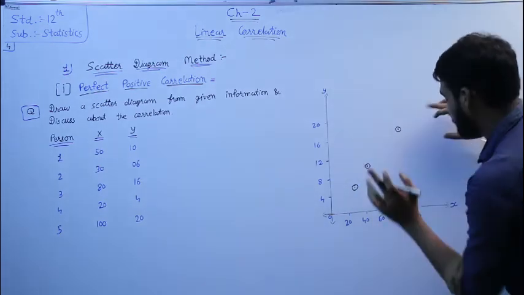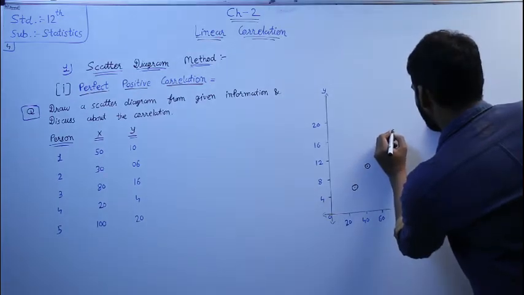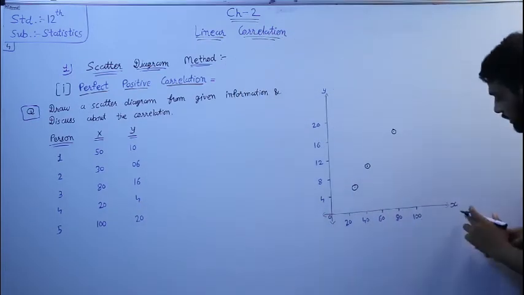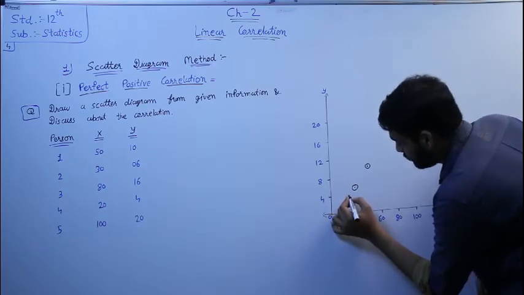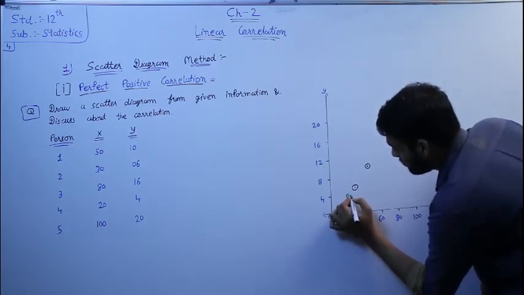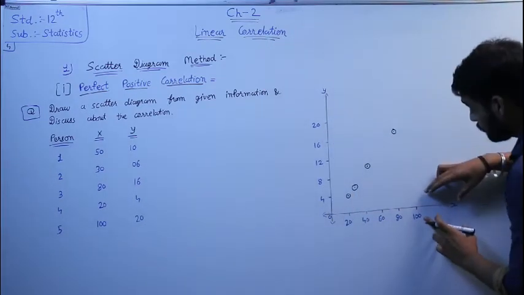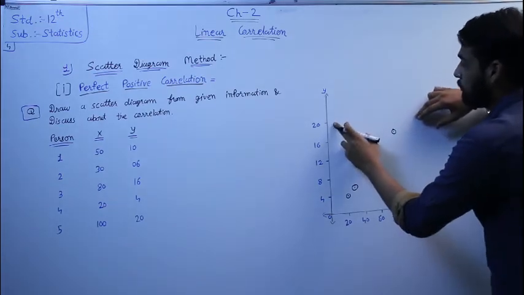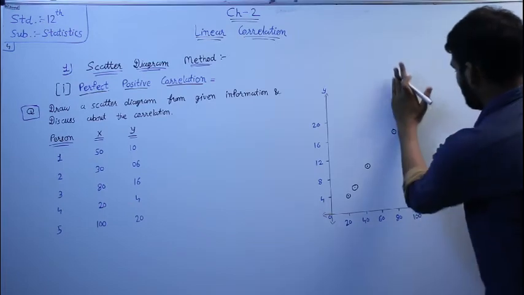Then the fourth, 20 and 4: on the x axis we take 20 and on the y axis 4, so here. And the last one, x value 100 and y value 20. Clear? This point is plotted here.